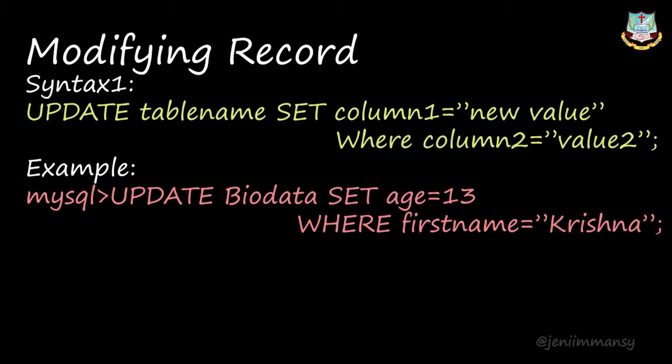So: update, then the table name, then set the first column's name equal to, and inside the double quotes the value, and then where, and the first name is the second column, equal to, and inside the double quotes you give the second value, and it will end with a semicolon.